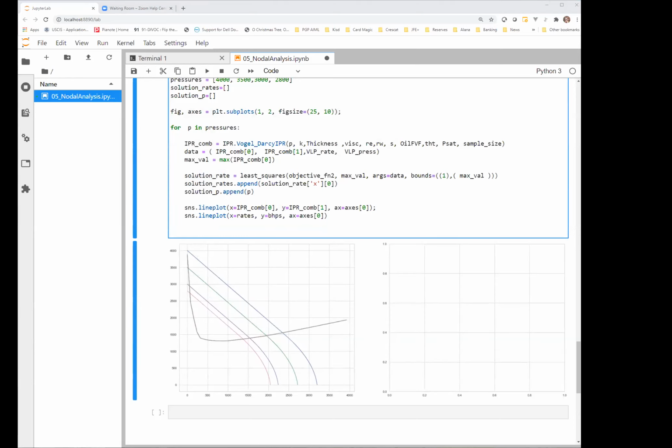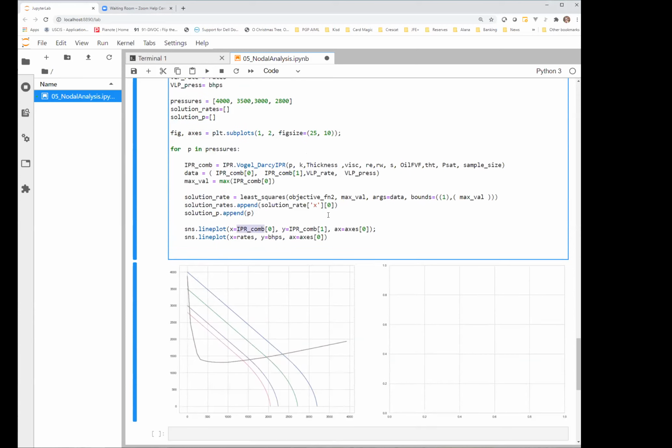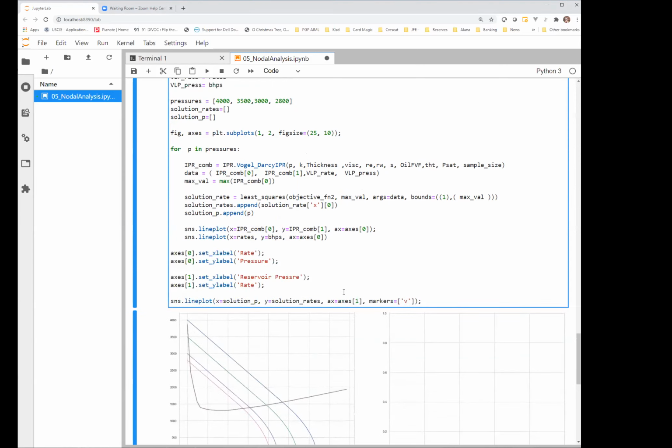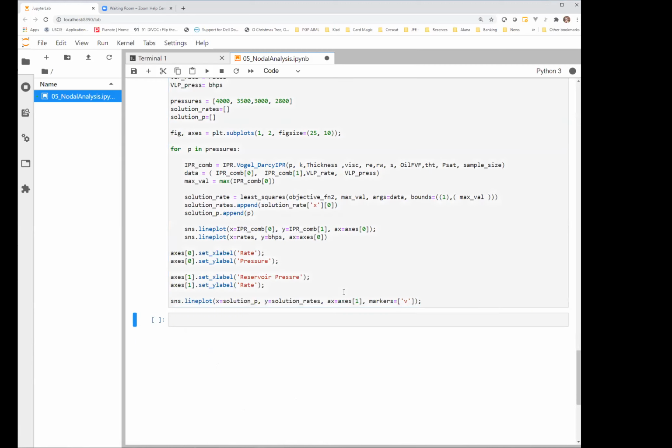Check VLP rate. Subplots. I see. I didn't plot it. Yeah. There we go.